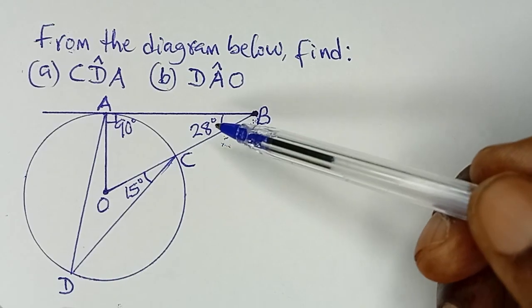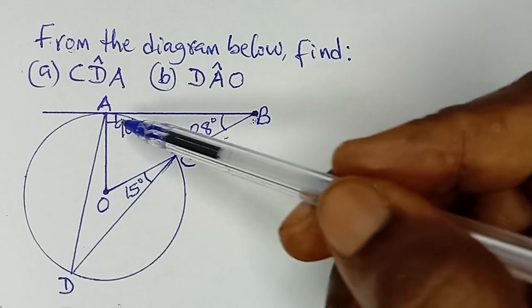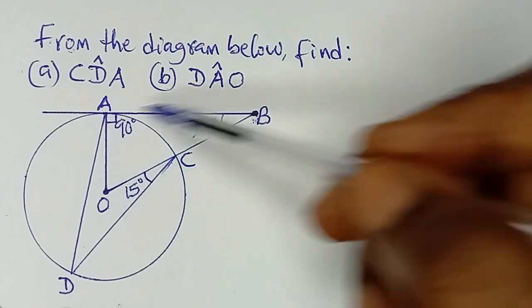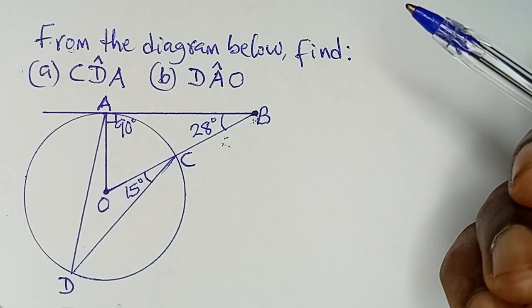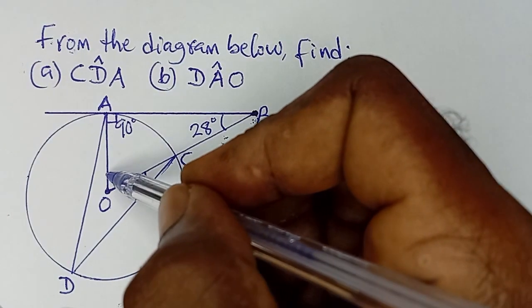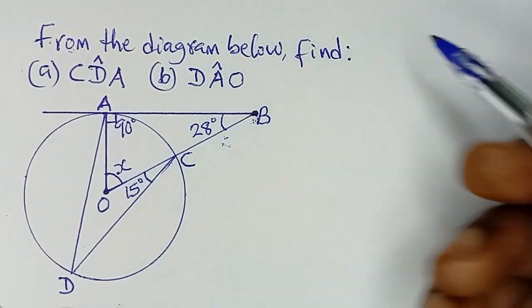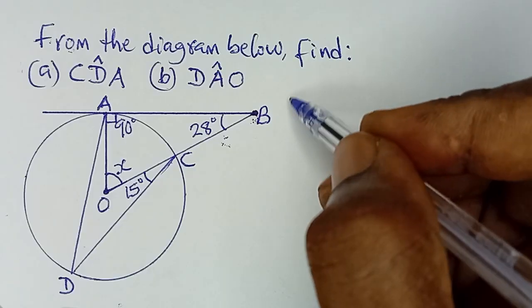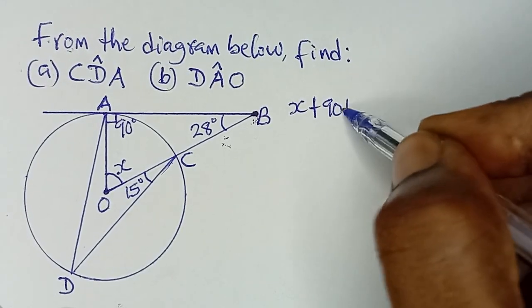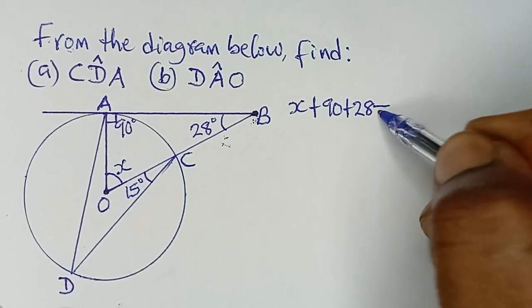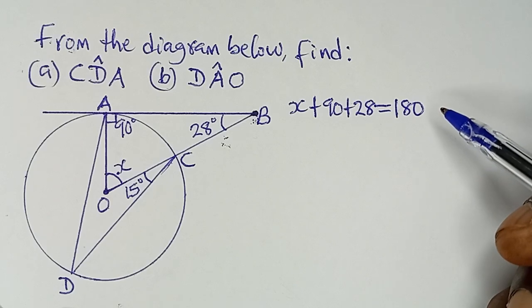Now, looking at this triangle, we have 28 and we have 90. And the sum of angles in a triangle is 180. So let's call this middle angle X. So X plus 90 plus 28 is equal to 180, because the sum of angles in a triangle add up to 180.